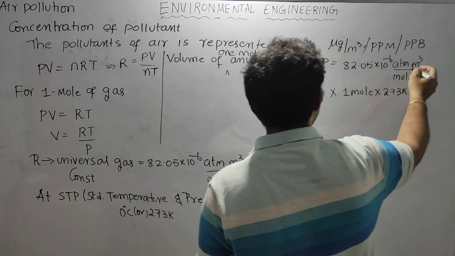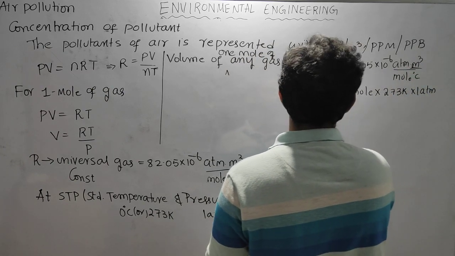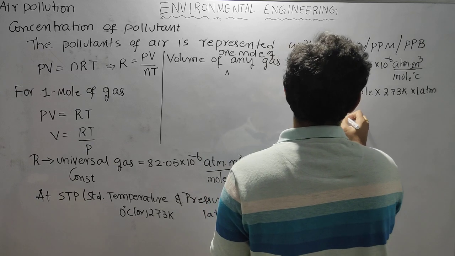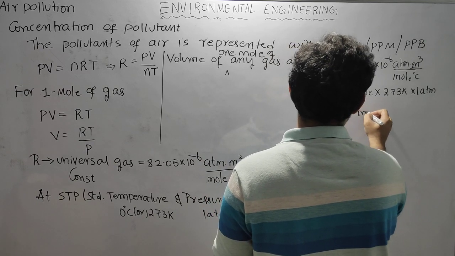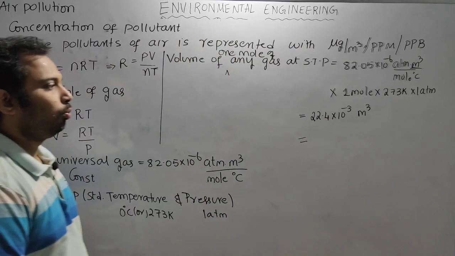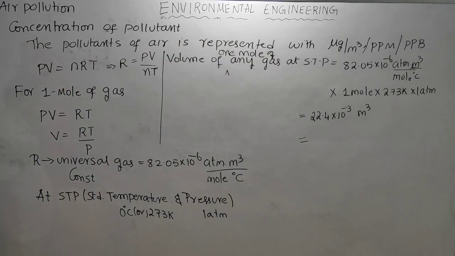If you solve this, we will get the volume as 22.4 into 10 to the power of minus 3 meter cube, which is nothing but 22.4 liters.